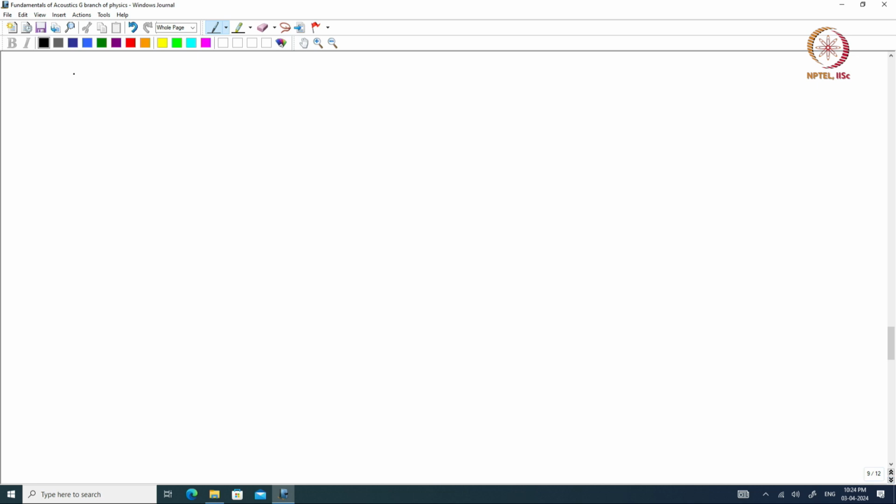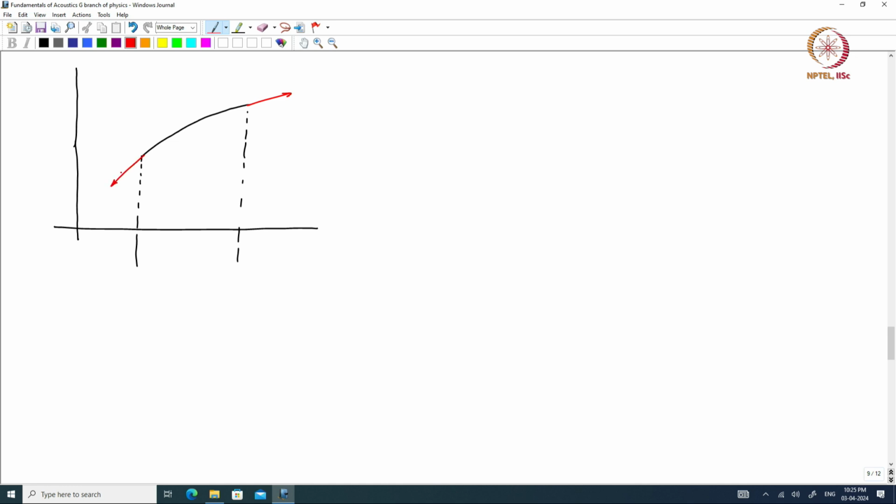Now, here is a section of the string. This is the tension T at the right hand end, this is the tension T on the left hand end.